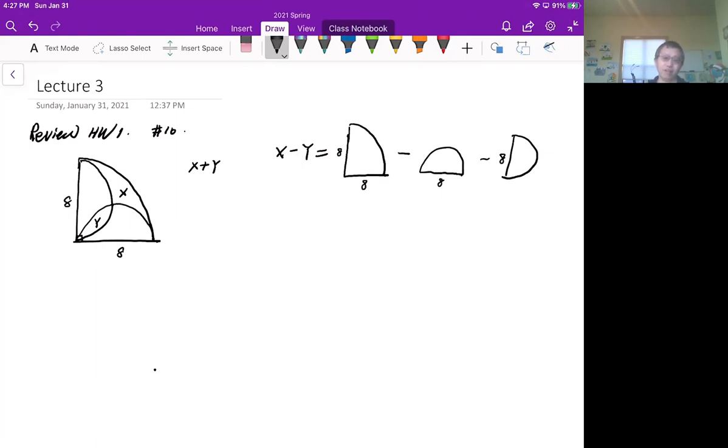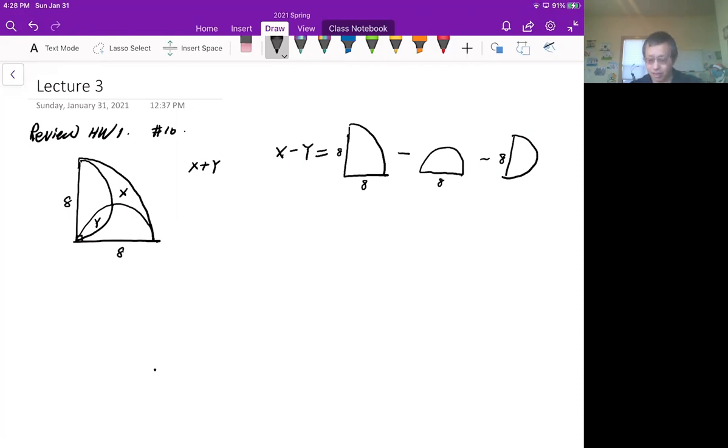Why is X there? X is simple because X was not covered by either of the semicircles, so X is left out. Why should Y be negative? Because Y was taken out twice. Y was in both semicircles, so it was there twice.